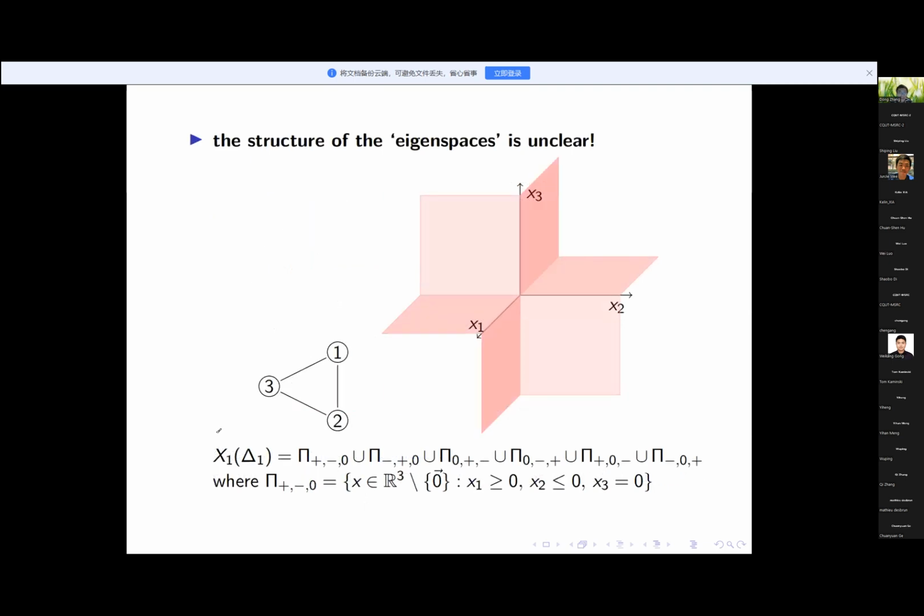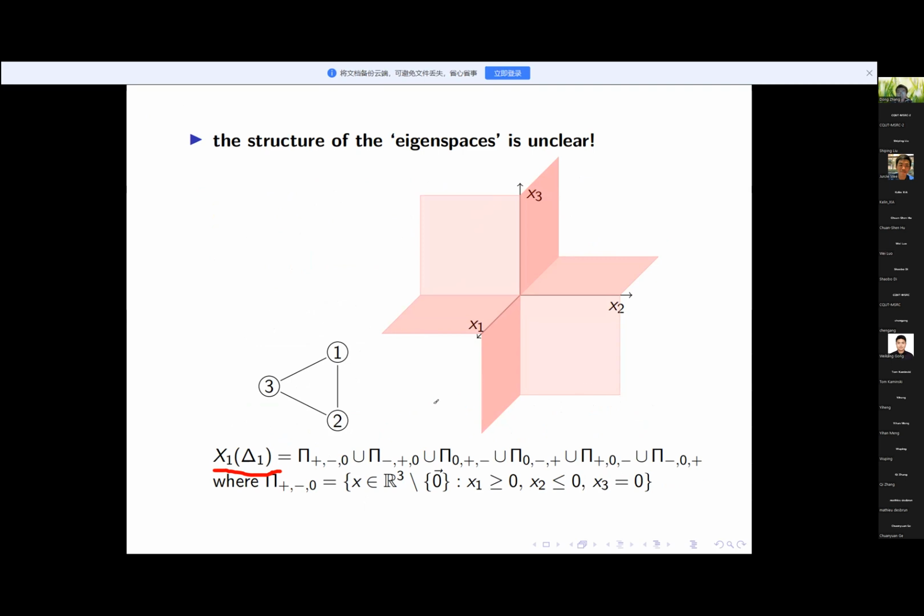For example, this graph is a complete graph of order 3, and you can see that the eigenspace corresponding to the eigenvalue 1 of the 1-Laplacian is actually the union of 6 two-dimensional quadrants in R^3, as shown in this picture.